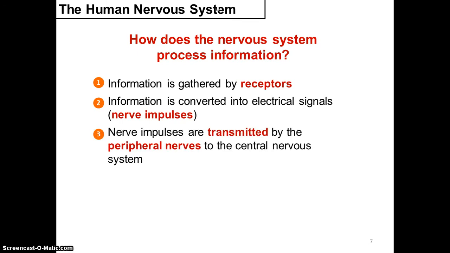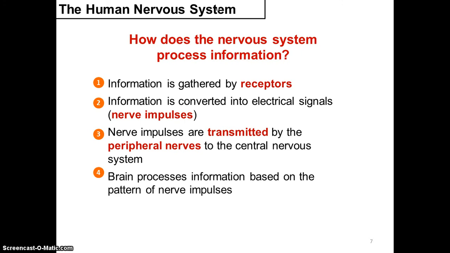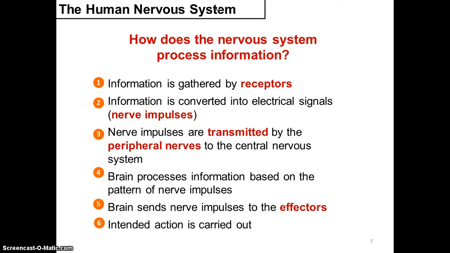The nerve impulses are transmitted by the peripheral nerves to the central nervous system, either the brain or the spinal cord. From there, the brain processes the information based on the patterns of the nerve impulses and sends nerve impulses back to the effector to carry out a certain action.